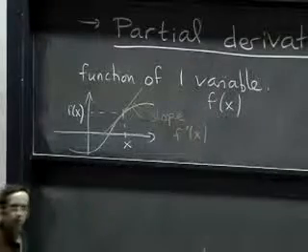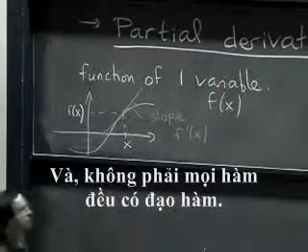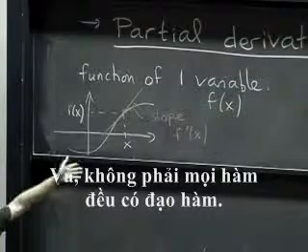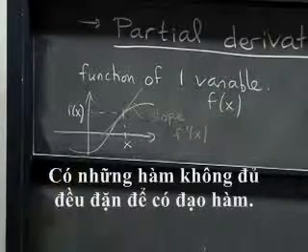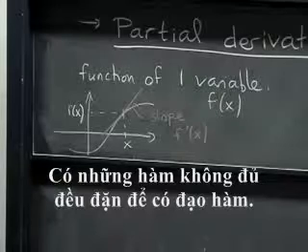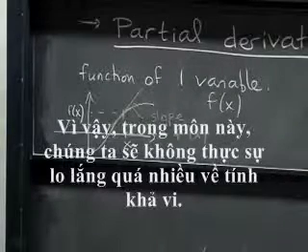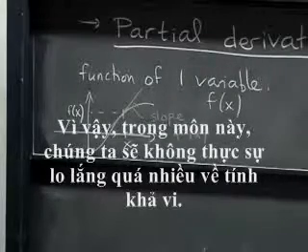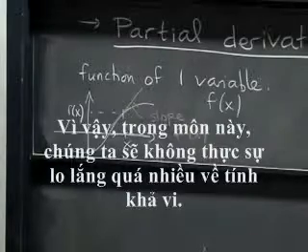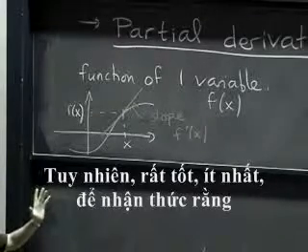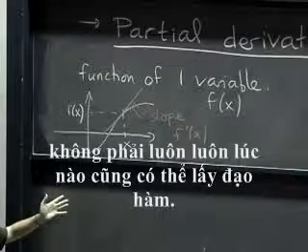Okay? And truth in advertising, not every function has a derivative. You have functions that are not regular enough to actually have a derivative. So in this class, we are not going to worry too much about differentiability, but it's good at least to be aware that you can't always take a derivative.